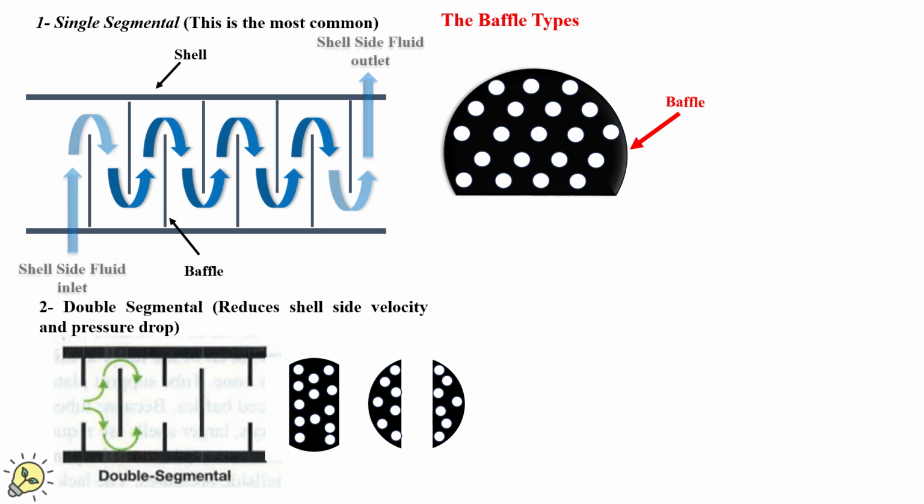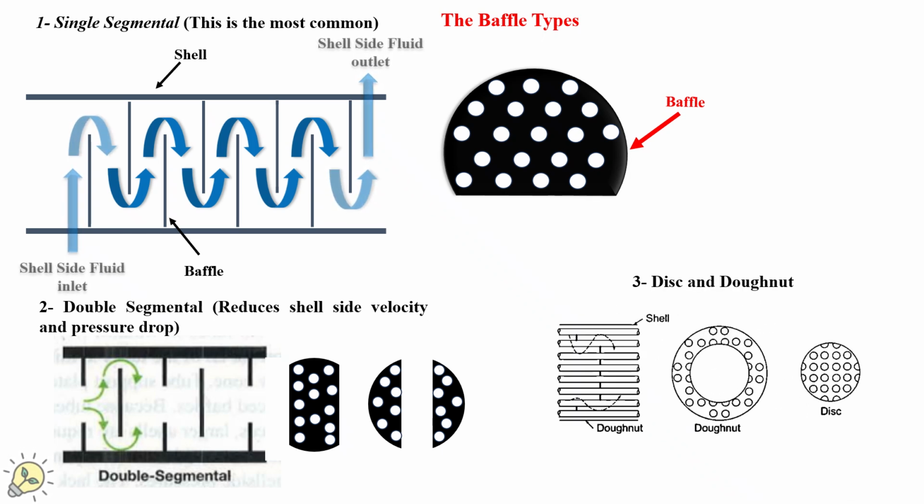Then the flow will be divided into two directions, and then we have a sequence of these baffles as shown in this figure. Of course, this type is used to minimize the shell side velocity, which is reflected in minimizing the pressure drop. So this is another option to minimize the pressure drop as well.